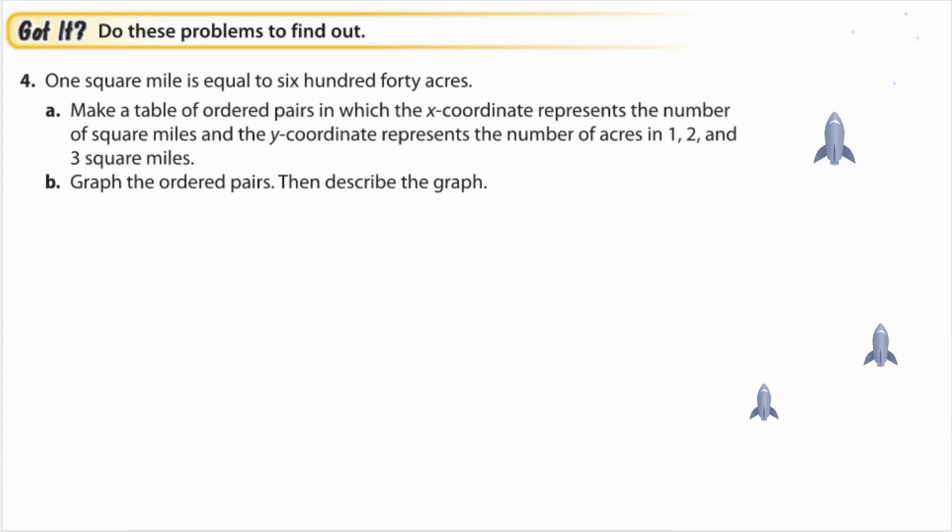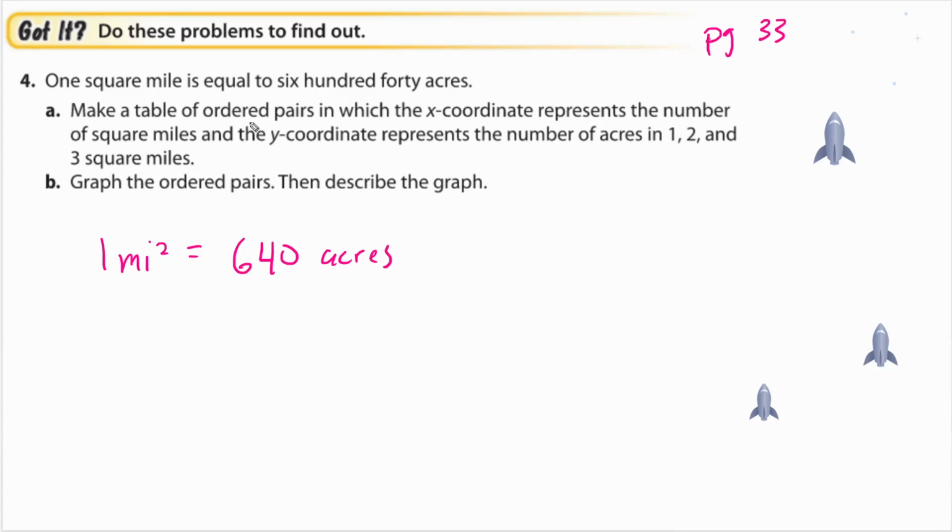Okay, let's do a got it problem. This is the got it problem on the bottom of page 33. 1 square mile is equal to 640 acres.